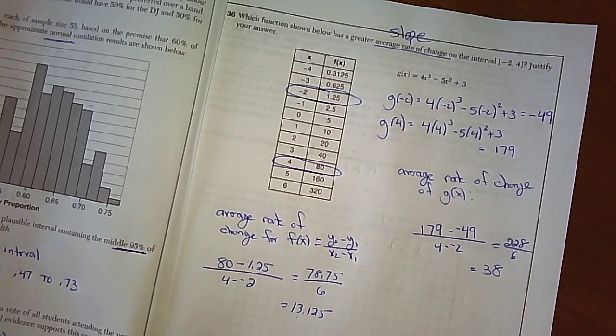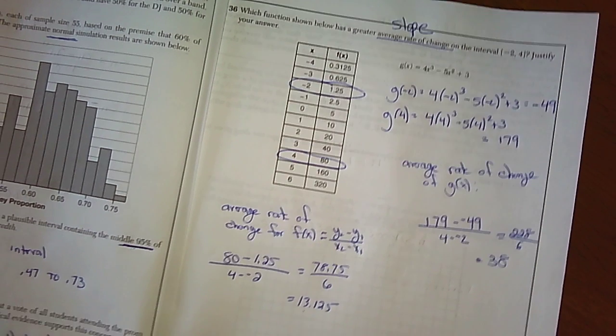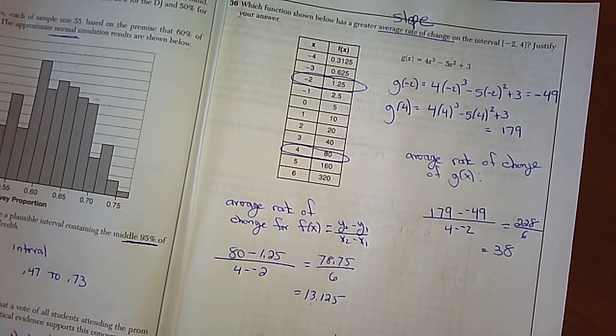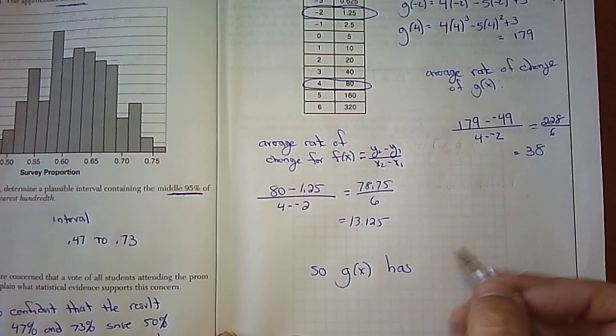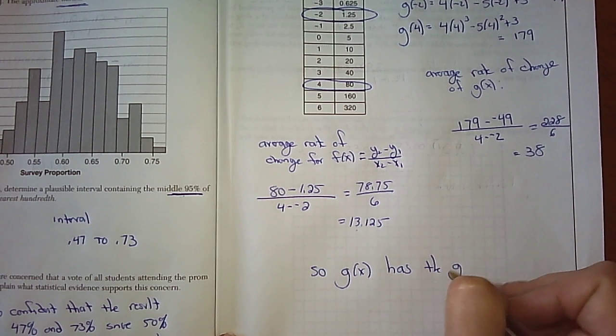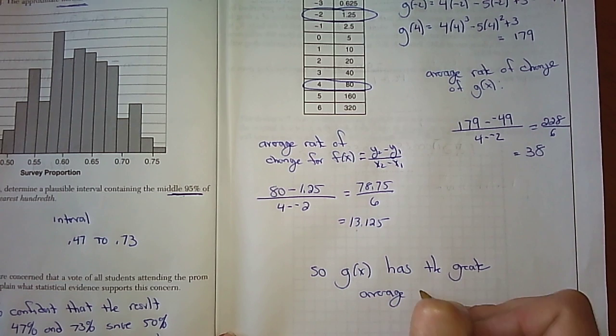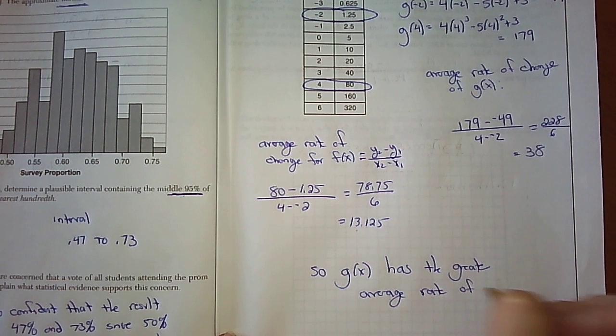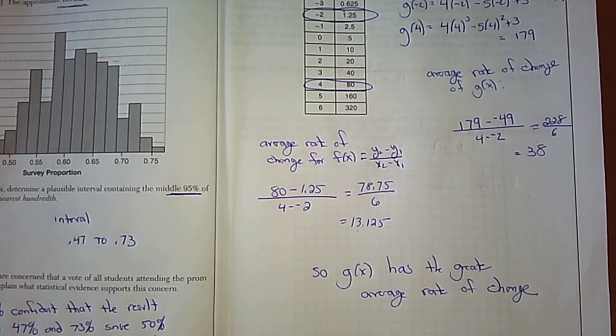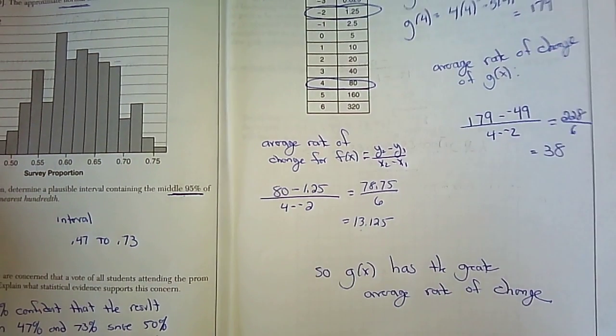All right. Which function has the greater? So g of x has the greater average rate of change. All right, so that should have been the answer for that one. One more, the big 6-pointer. Let's see how we did on that.